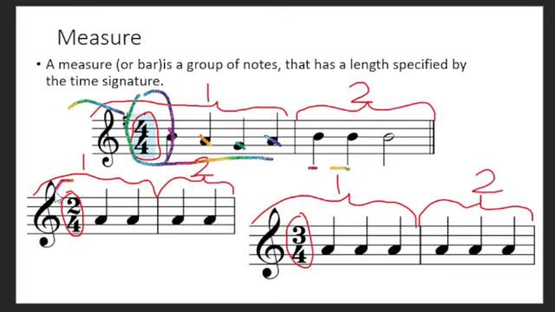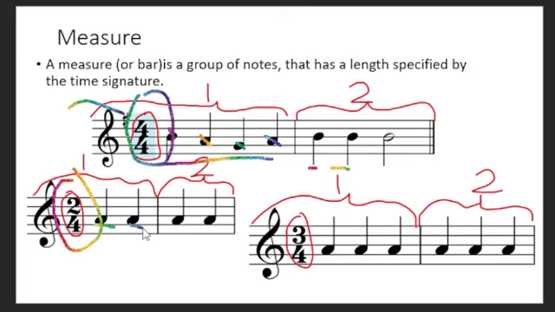Look at the second one. This is 2/4. Under 2/4, each bar contains two beats. It can be 2 crochets, or 1 minim, because 1 minim makes 2 beats.